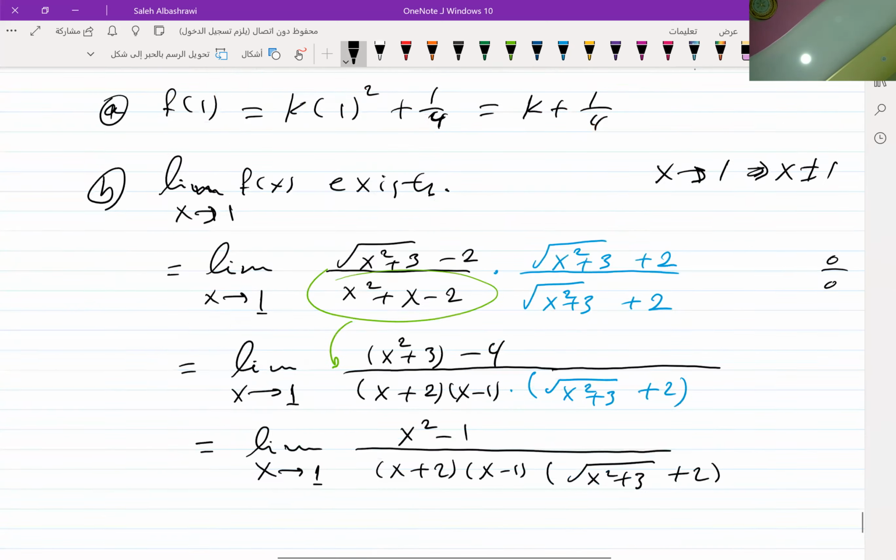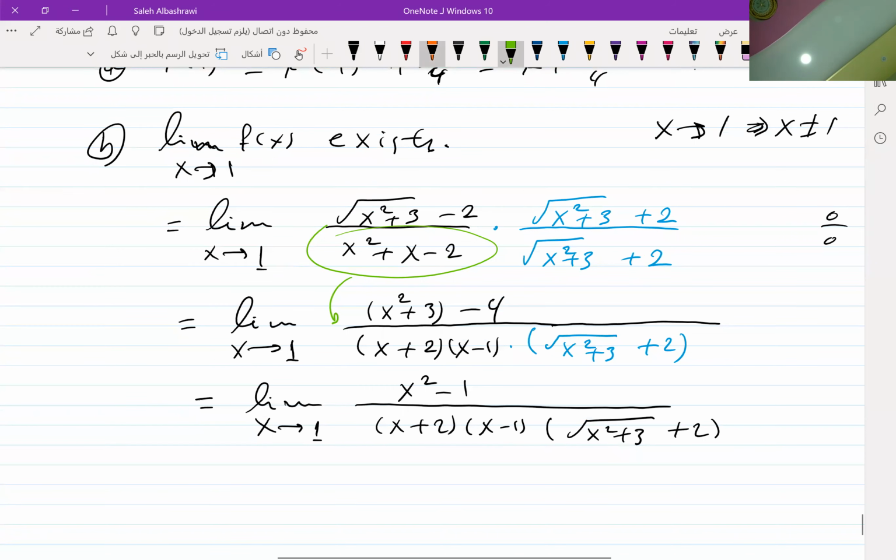The numerator can be simplified more. X squared minus 1 is equal to x minus 1 multiplied by x plus 1, which is the difference between two squares. So you can see that x minus 1 is a common factor between the numerator and the denominator. It is x minus 1 up and x minus 1 down.